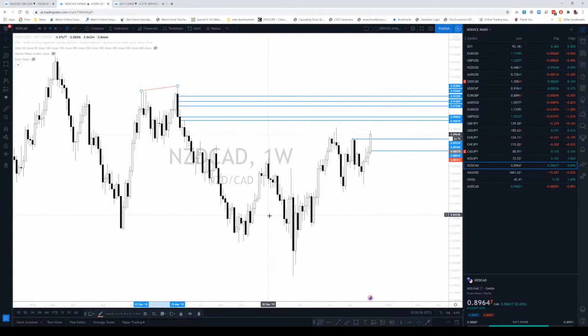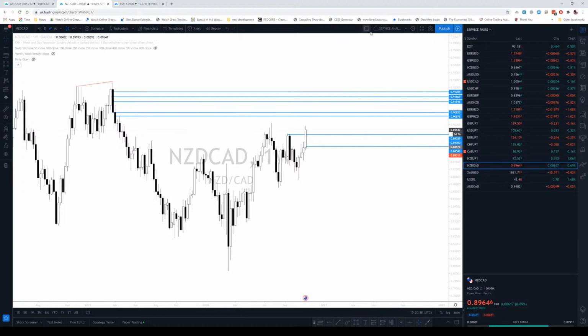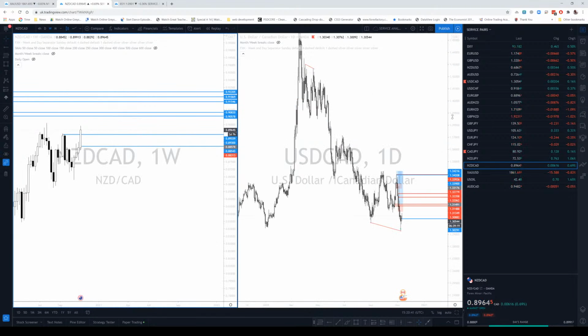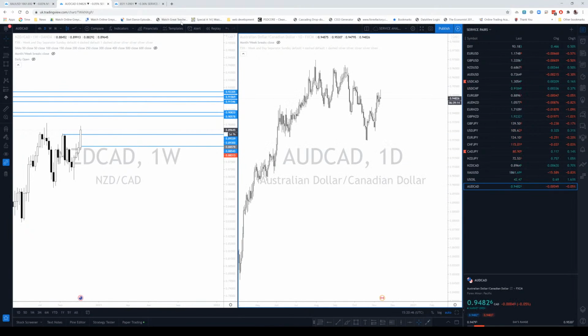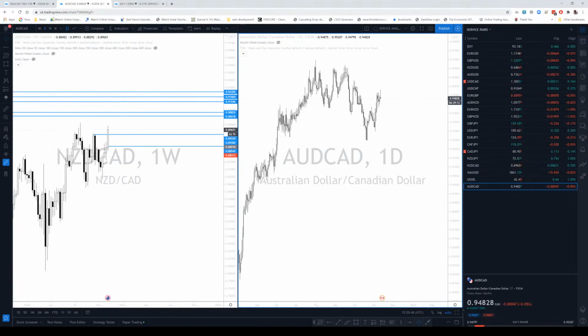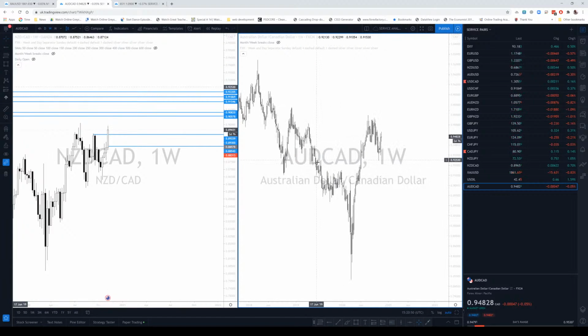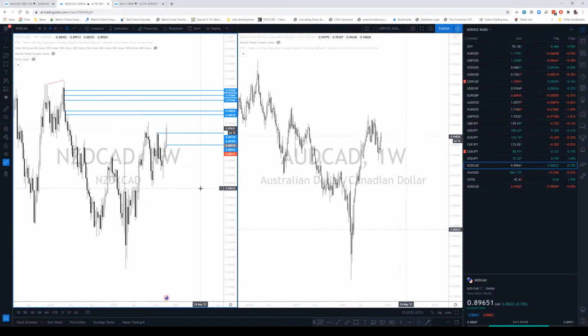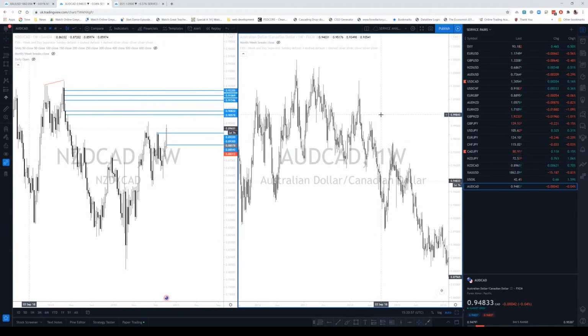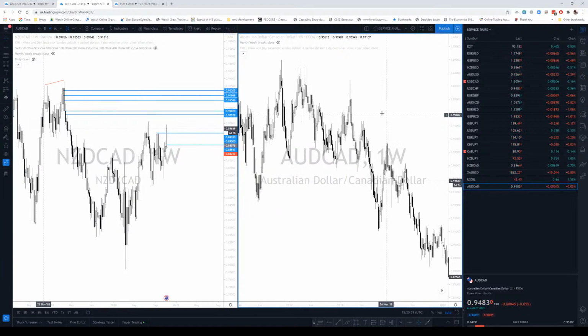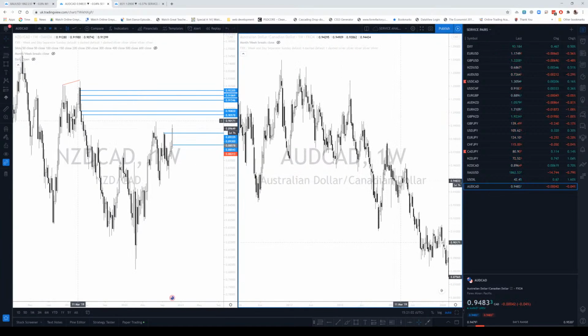Let me put this one here and show you what I mean. Let's put Aussie CAD here and put it on the weekly and look. Right, in 2018, when was this? December till March or April.